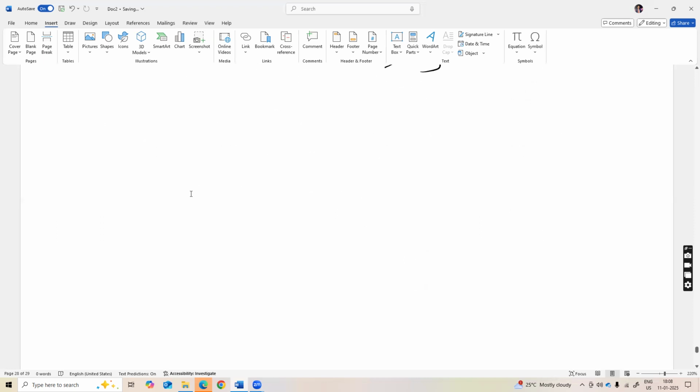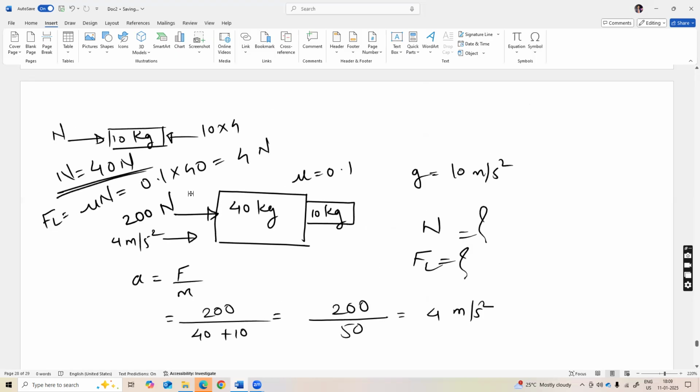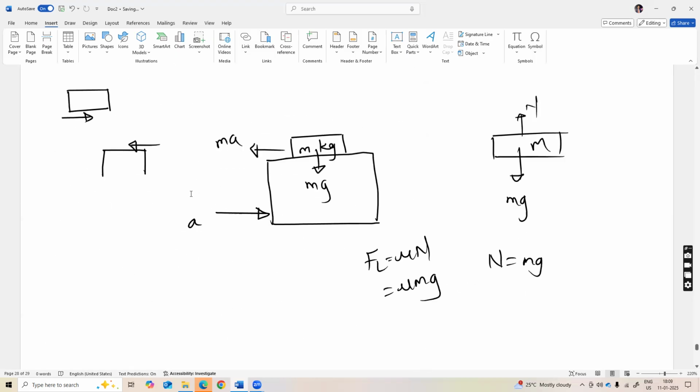Okay, sir. So for the upper block, friction is in the forward direction, and for the block below it, the friction is in the opposite direction. Yes, because friction is a relative force. Relative to the bottom box, the upper box will try to move in the opposite direction, because the bottom is having some acceleration a in the rightward direction.